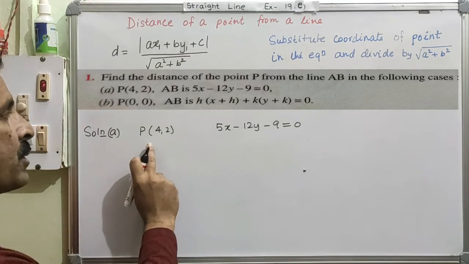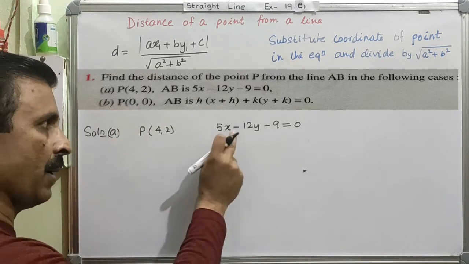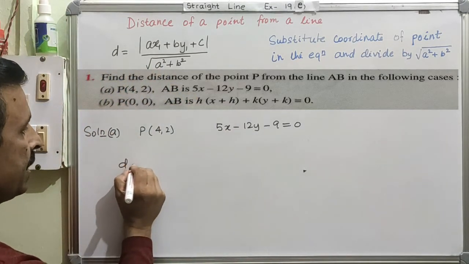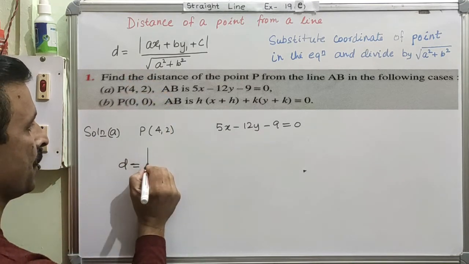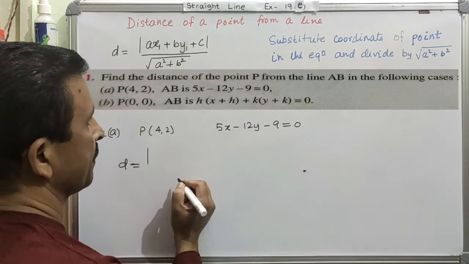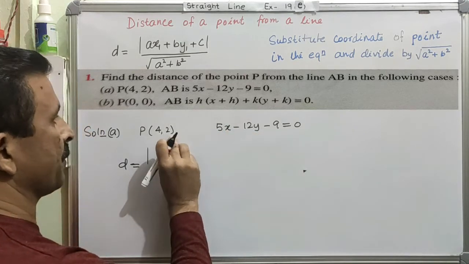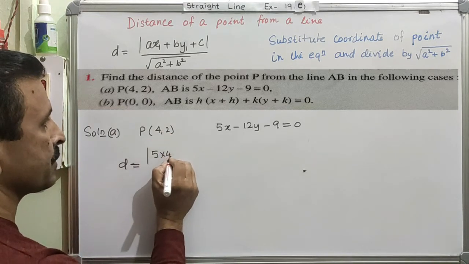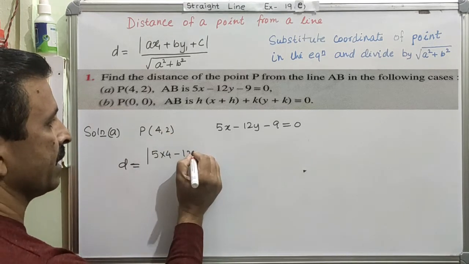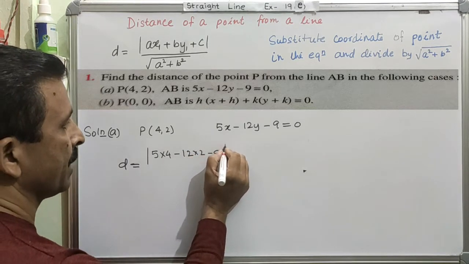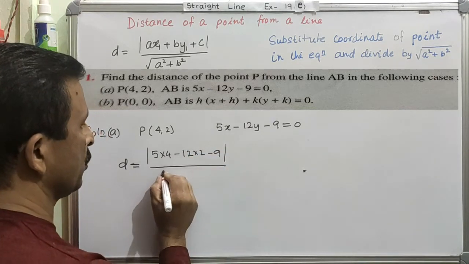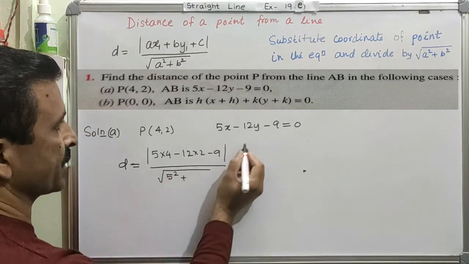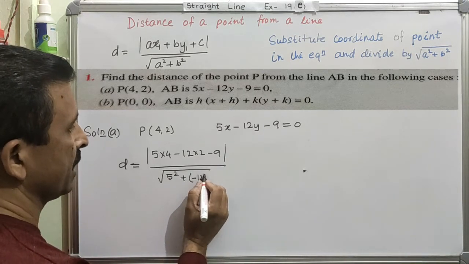Now we are asked to calculate the perpendicular distance of this point from the line. So we are going to use this formula. You can see how we are going to use it. D is equal to the absolute value. Take the left hand side of this equation, and for x and y, we put the value of x and y here. So it will be 5 into 4, minus 12 into 2, minus 9, divided by root over the coefficient of x, 5 square, and the coefficient of y, minus 12 square.